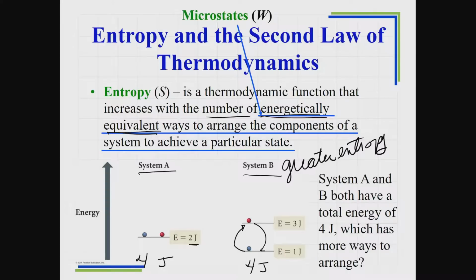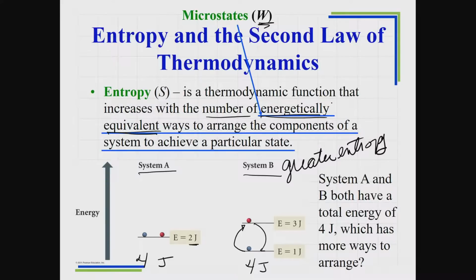A microstate is abbreviated with a capital W, so it doesn't get confused with work, which is a lowercase w. And the number of microstates are the number of, it's all of that information that is underlined there in blue, the number of energetically equivalent ways to arrange the components of the system to achieve a particular state.